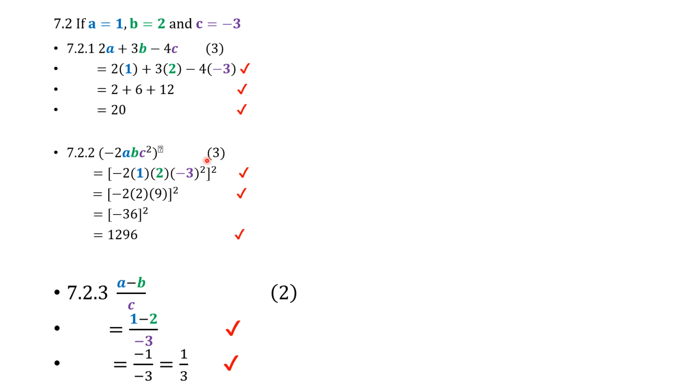7.2.2 for another 3 marks. All right. They gave us minus 2abc squared. So again, a must be 1. B is 2, so in the place of b, I place 2. C is negative 3, so in the place of c, I place negative 3. I assume you know abc written like that means a times b times c squared.